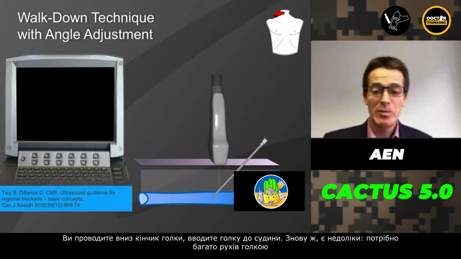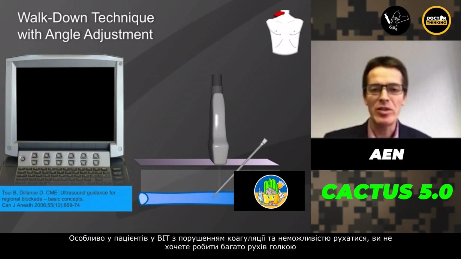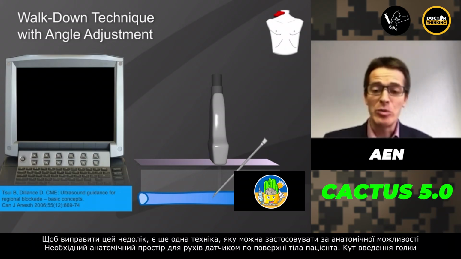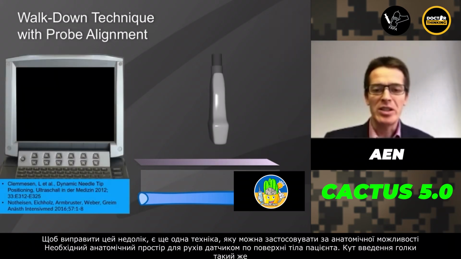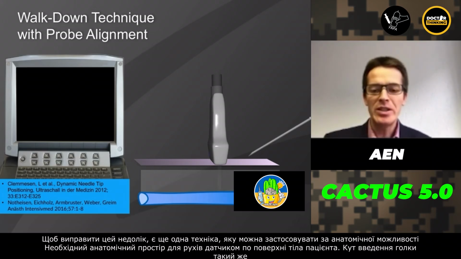Here again, there might be some disadvantages because you've got quite a lot of needle passes. Especially in patients on the ICU with a lot of heparin or with coagulation abnormalities, you may not want to have many needle passes. So to improve this, we have another technique whenever anatomically possible. We need some anatomical space for the probe to actually be moved over the patient.